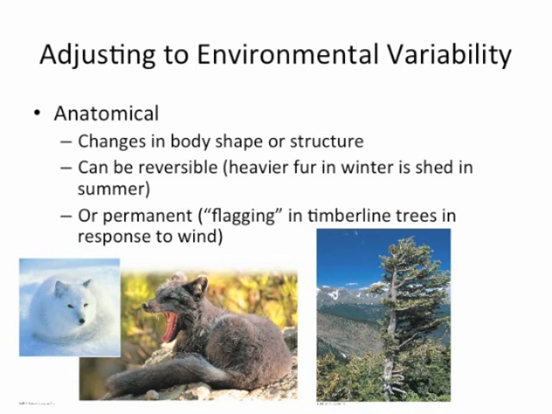There's also some more permanent changes. You look at Arctic trees, so the trees that do manage to grow up north, they tend to do what's called flagging. And this also happens at high altitudes, where you'll see all the limbs on one side of the tree, and this is a response to wind.